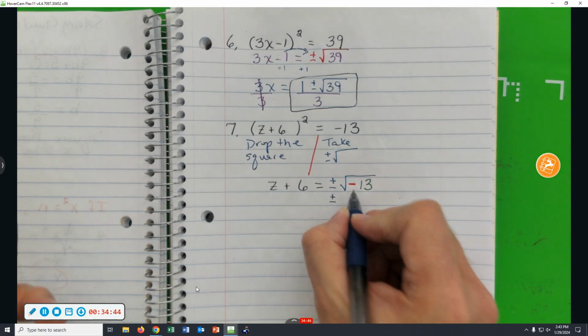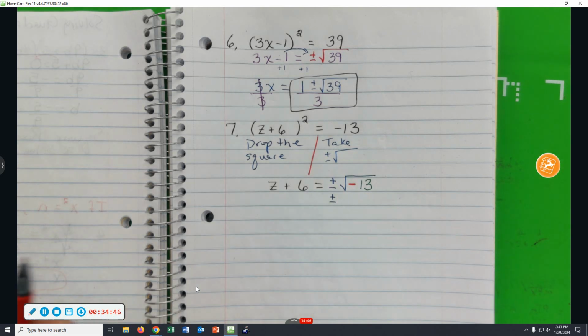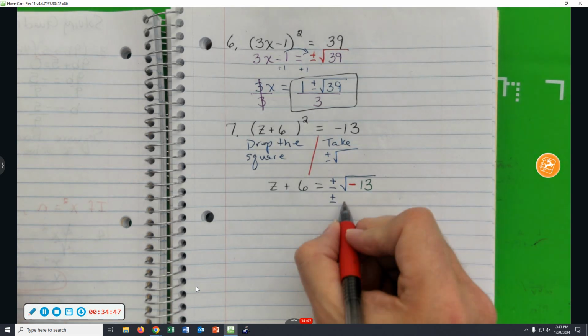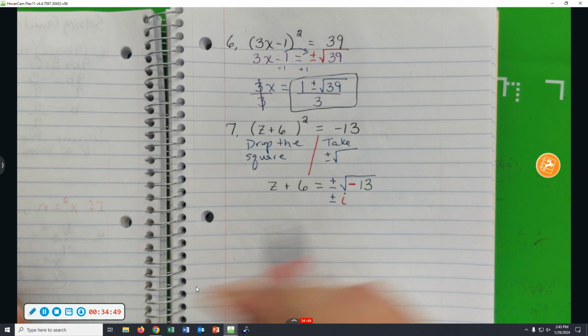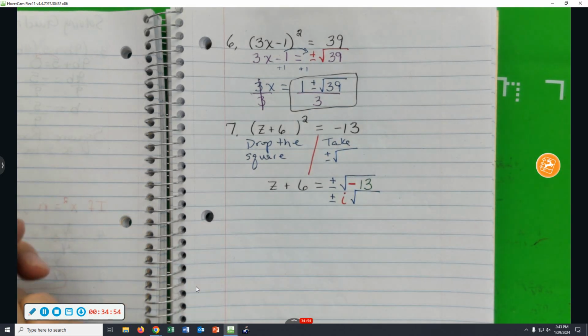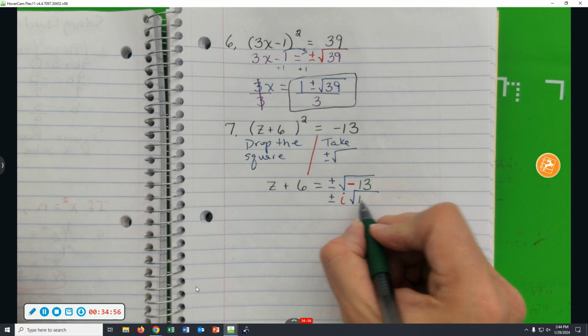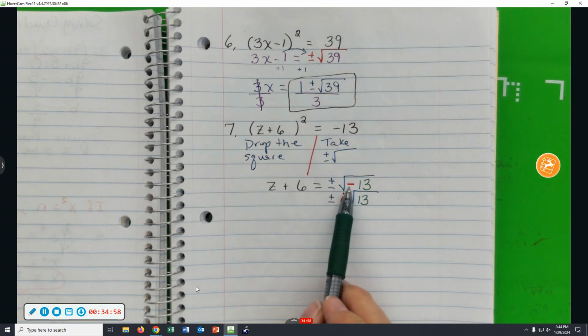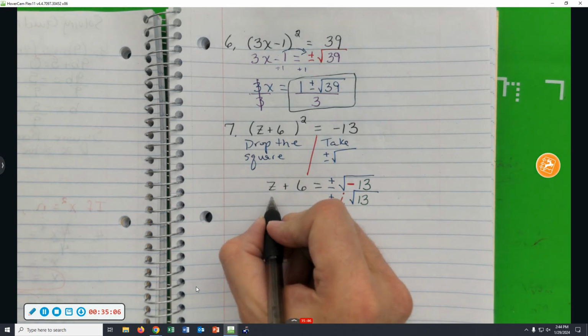If you leave that negative under the square root symbol, it's going to count it wrong. Well, this one is multiple choice, so okay. But they won't all be multiple choice. So the red negative under the square root becomes a red i. And on the left, we still have z plus 6.